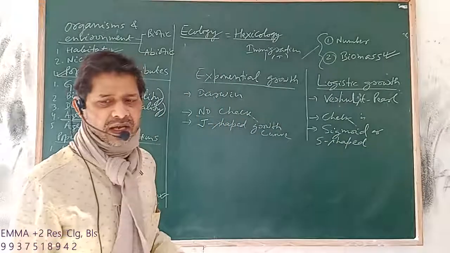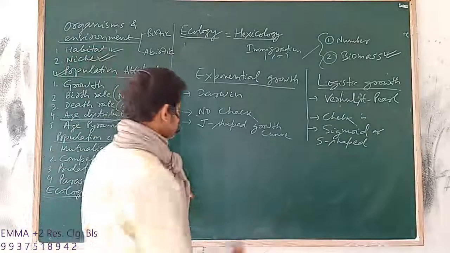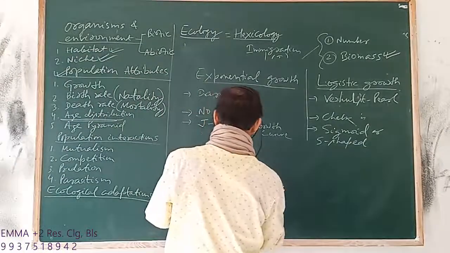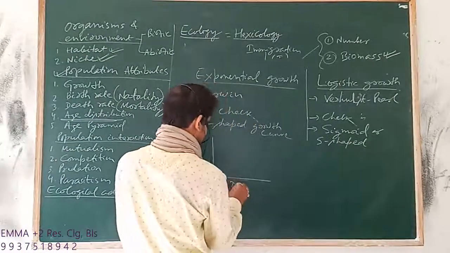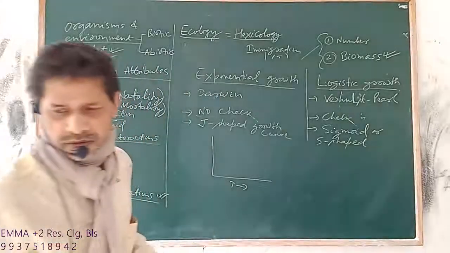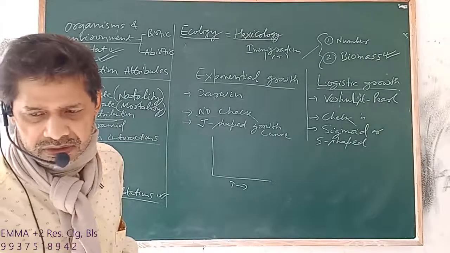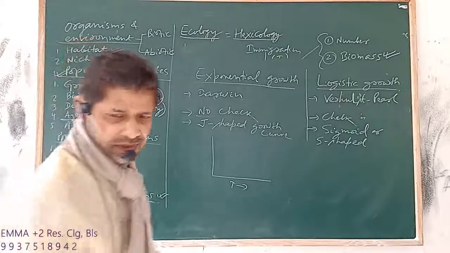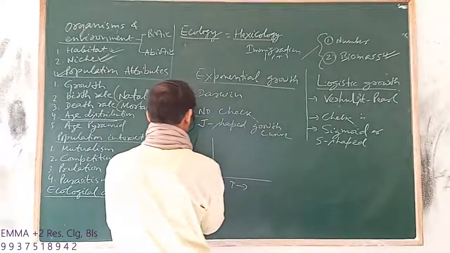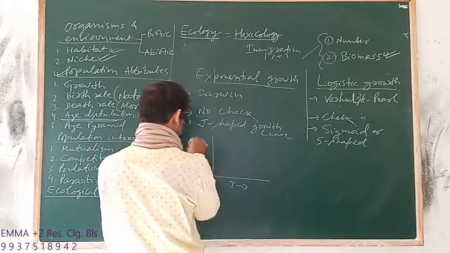If we take a graph, suppose in this diagram, this is the axis with a time period t and this is the axis with population density n.